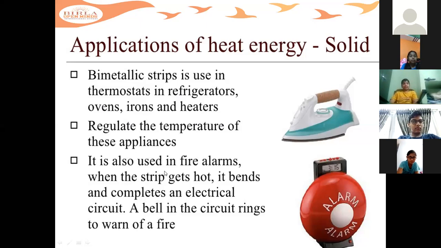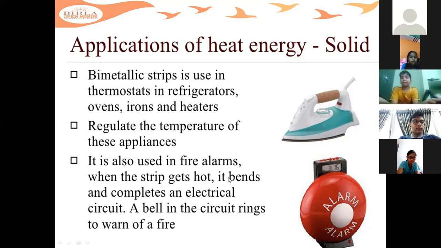So what happens in these bimetallic strips? When electricity is passed, in the case of an iron or an oven, the bimetallic strips are heated up and they bend.